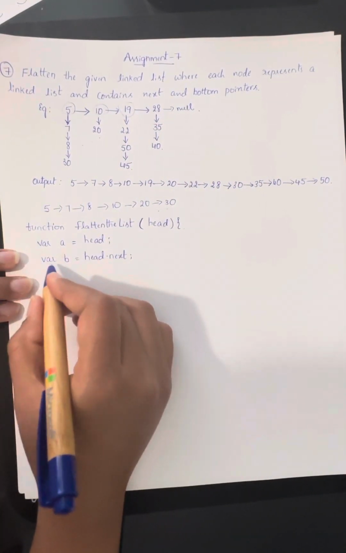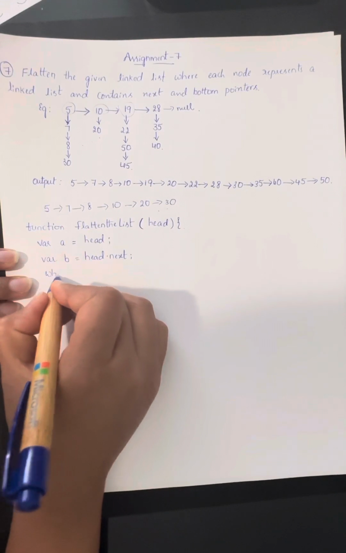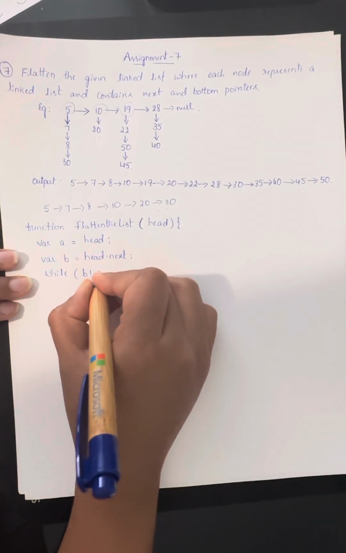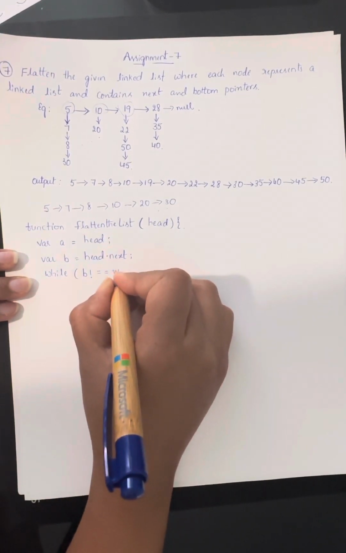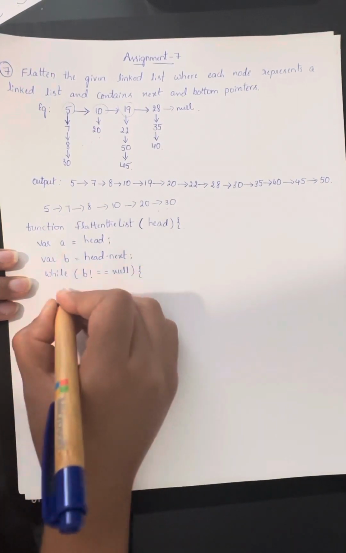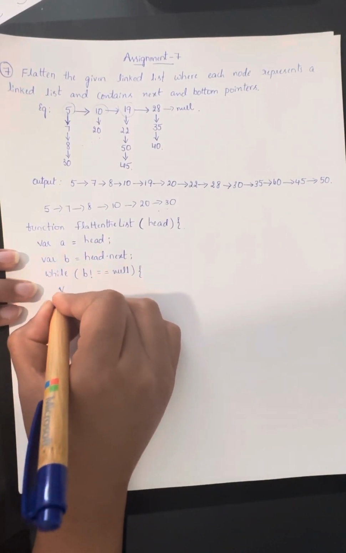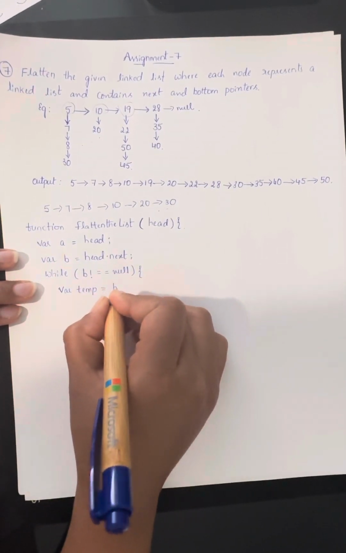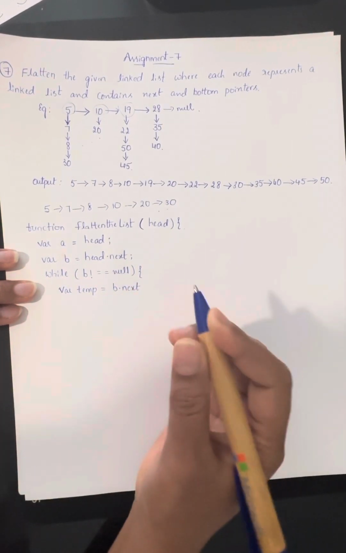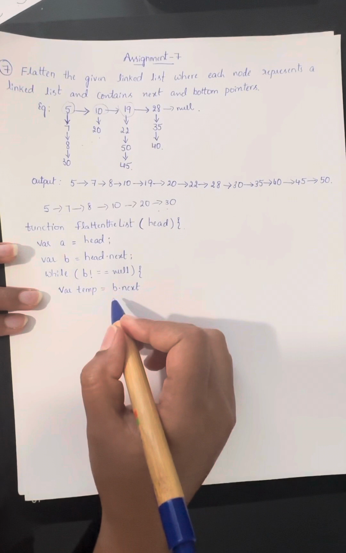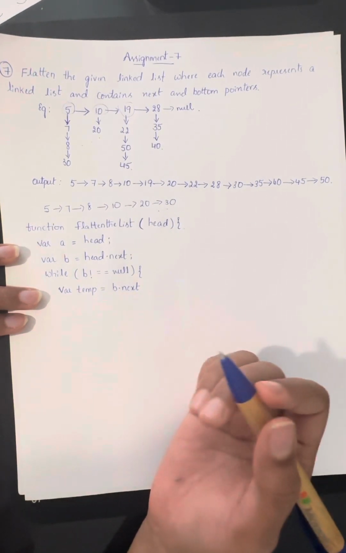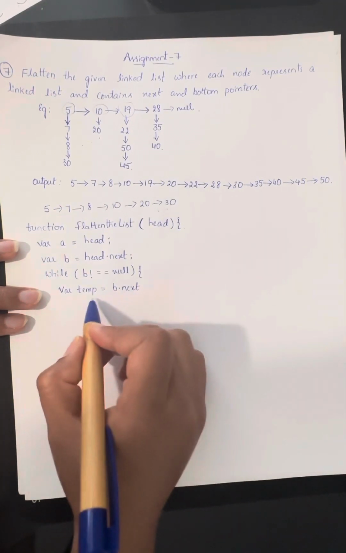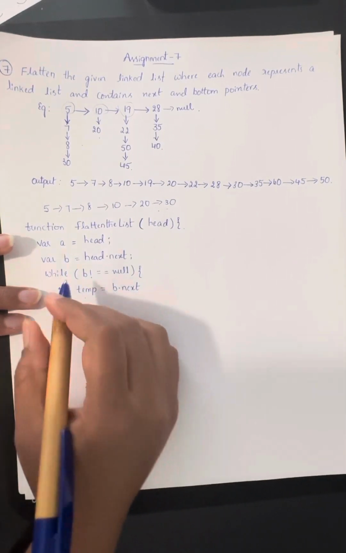Next, I am starting a while loop, and the termination condition is until b is not equal to null. I'm declaring a temp variable in which I'm going to store b.next. It is because we are going to change b, so we need to store its next node. That is the reason we use this temporary variable.